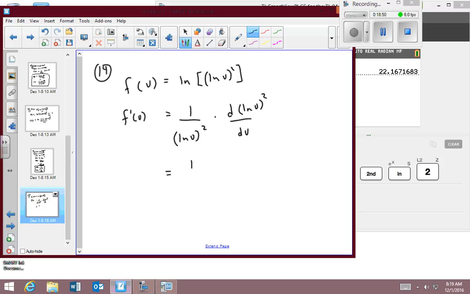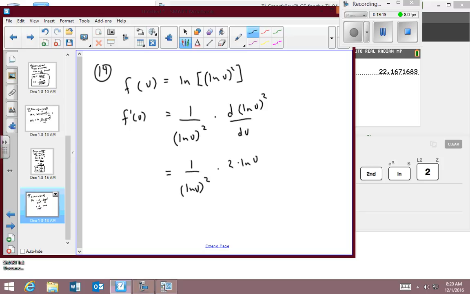Now this is 1 over ln v quantity squared. So what you have to do with this is that the 2 comes out in front times ln of v. Now that is just applying the definition of logarithms.